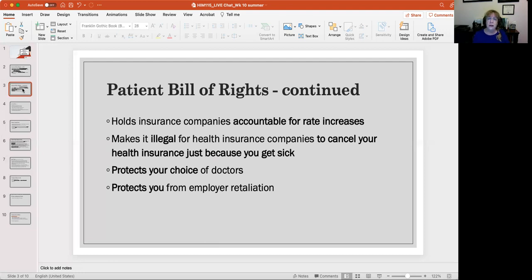No more is that permitted. This protects your choice of doctors, and it protects you from employer retaliation in case you want to get a policy through the marketplace instead of through your employer, and any other health insurance related problems.